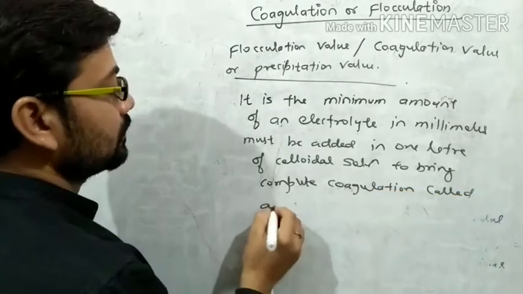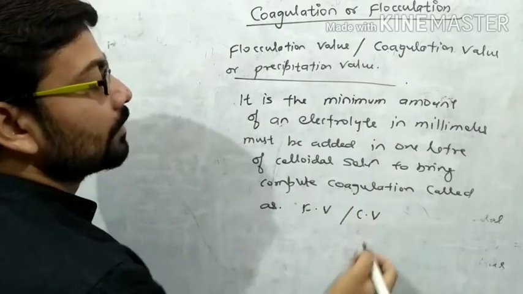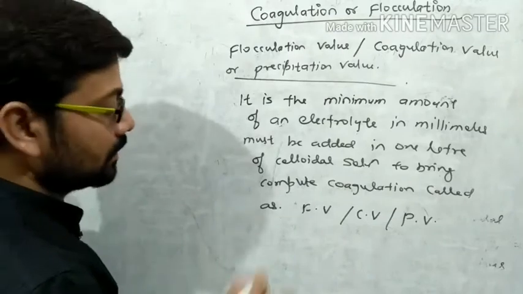It is called flocculation value, coagulation value, or precipitation value. Right?